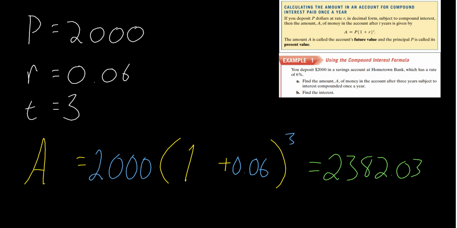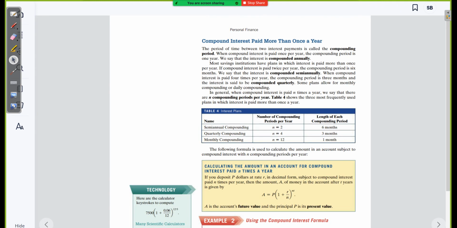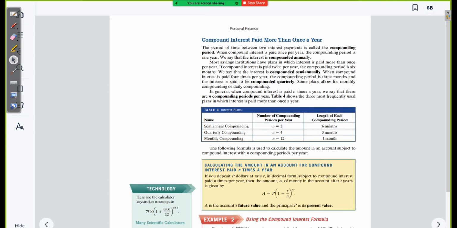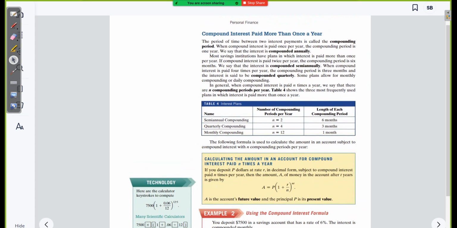So again, all we did was simply follow along with this formula. It does help to point out what the variables are, but after that, you just simply plug it in. And like last section, it doesn't really get much harder than that. All right, so this is pretty important actually.